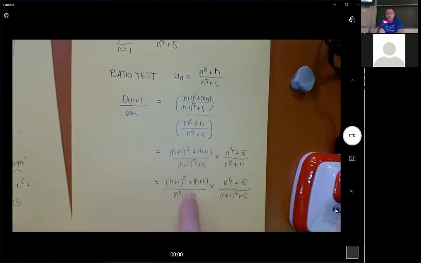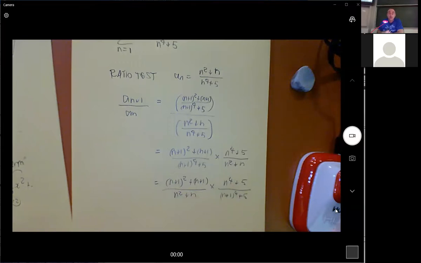They're the same function, but one's got an n and the other one's got an n plus 1. And same over here. So if it's possible to do this limit and if it's possible to do this limit, then it's okay to do them separately. Okay, cool.